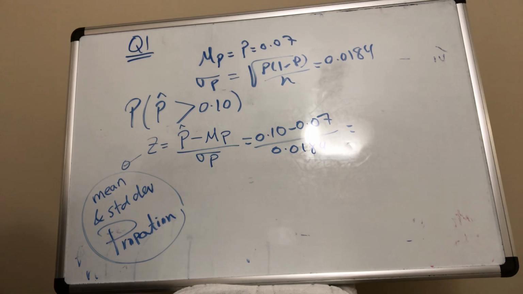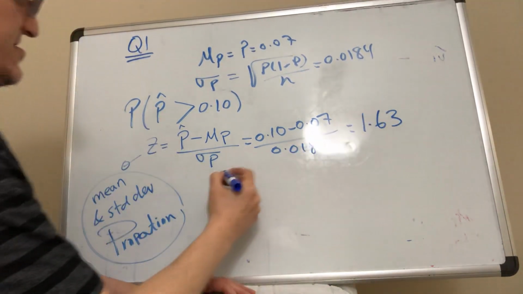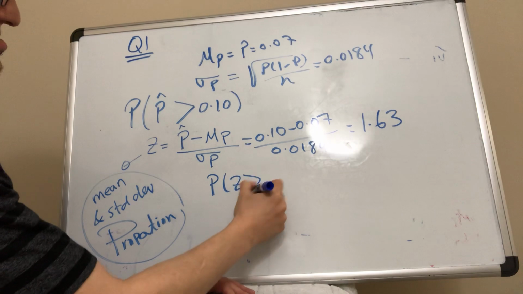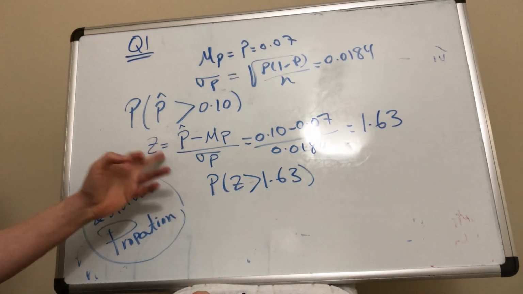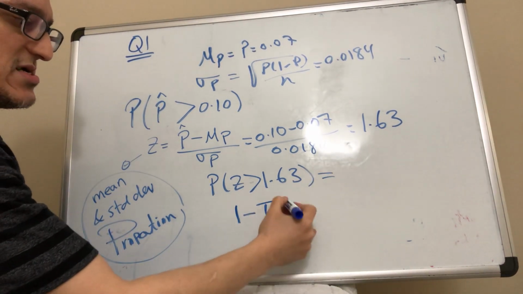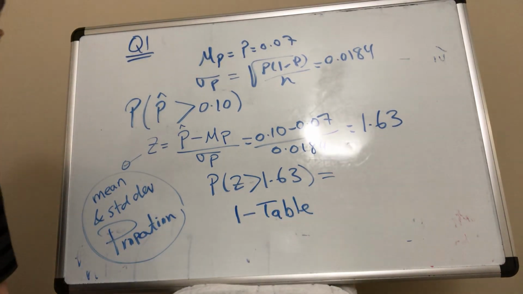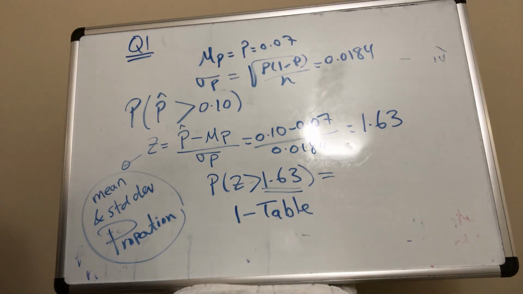So we do the math here. The number is 1.63. So in terms of z it's 1.63, and if you guys remember, this is 1 minus the table. So you go to the table, you look for this, and your answer would be 1 minus whatever you get from the table.